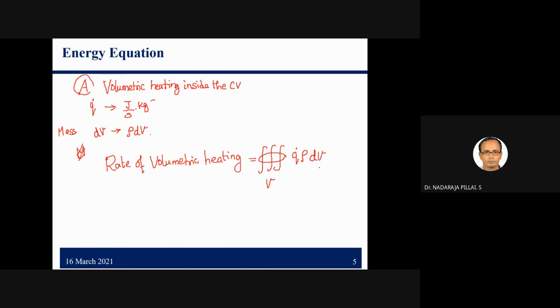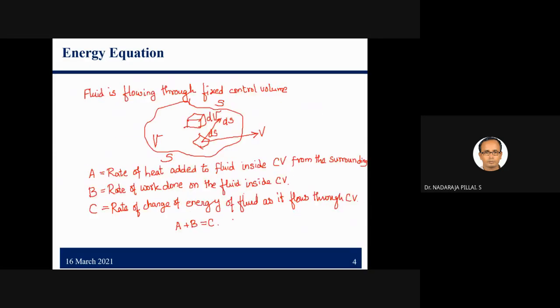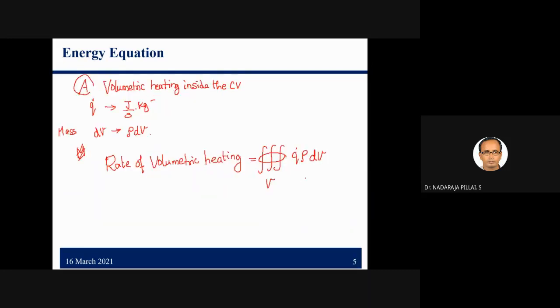I will write this equation as 1, and we need to prove the equation 1, and this equation is 2. So the rate of volumetric heating can now be defined as the triple integral over volume V of Q dot rho dV.